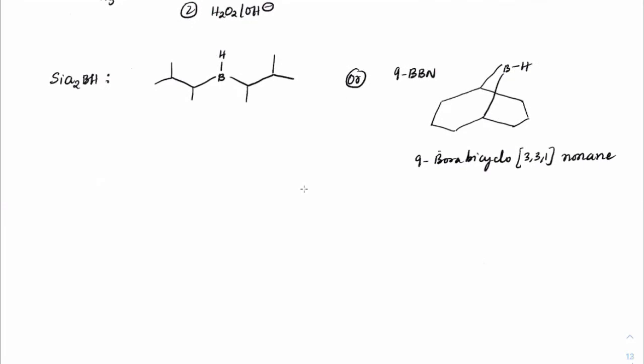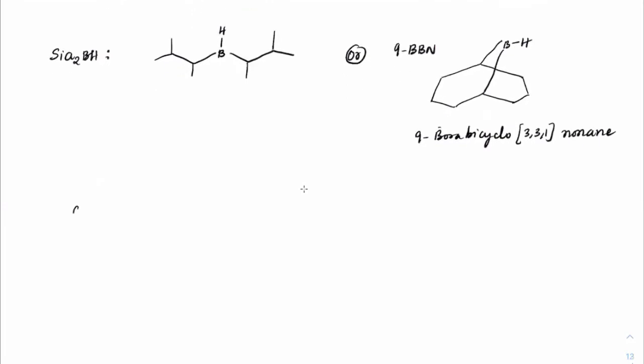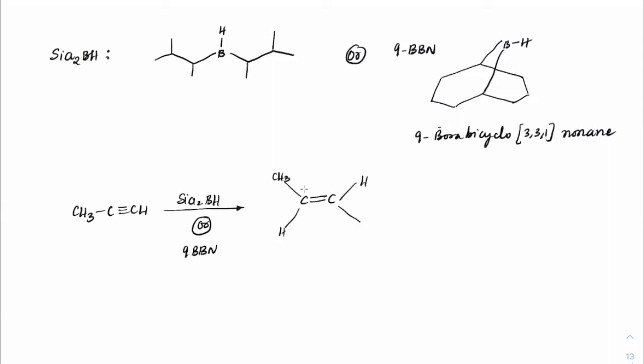So what is the reaction that can be done here? We can see CH3, C triple bond CH in the presence of SiA2BH or 9BBN. With either, you get C double bond C, CH3, H here, and boron gets connected here with SiA twice, or BBN here if it is BBN.